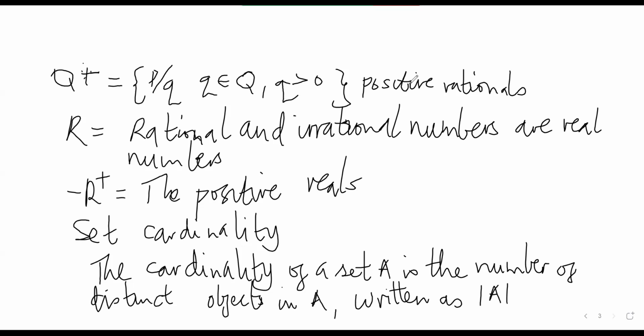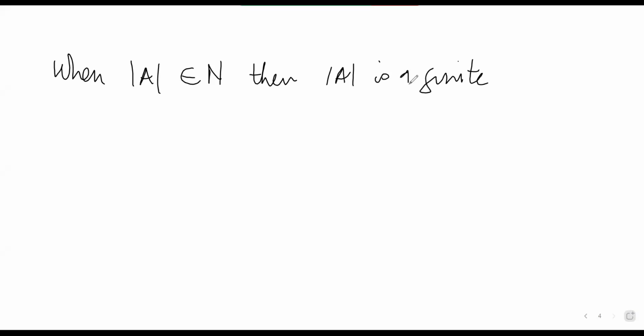When the cardinality of A is a member of the natural numbers, then its cardinality is a finite integer.